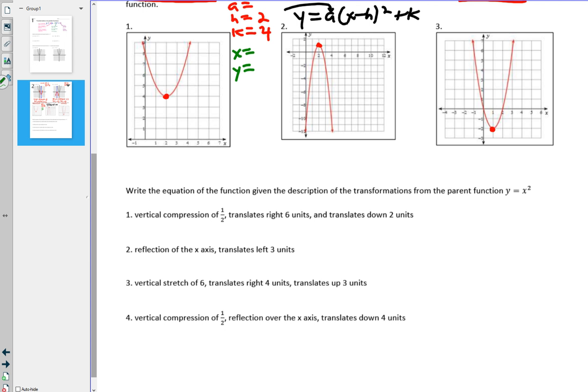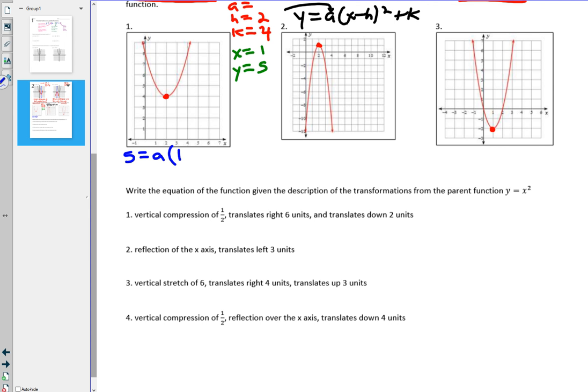1 and 5. x is 1, y is 5. All right, let's substitute that. Instead of y, I'm going to write 5 equals. Then I'm going to write the a that I'm looking for, parentheses. Instead of x, what am I going to write? 1, because we said that x was 1.